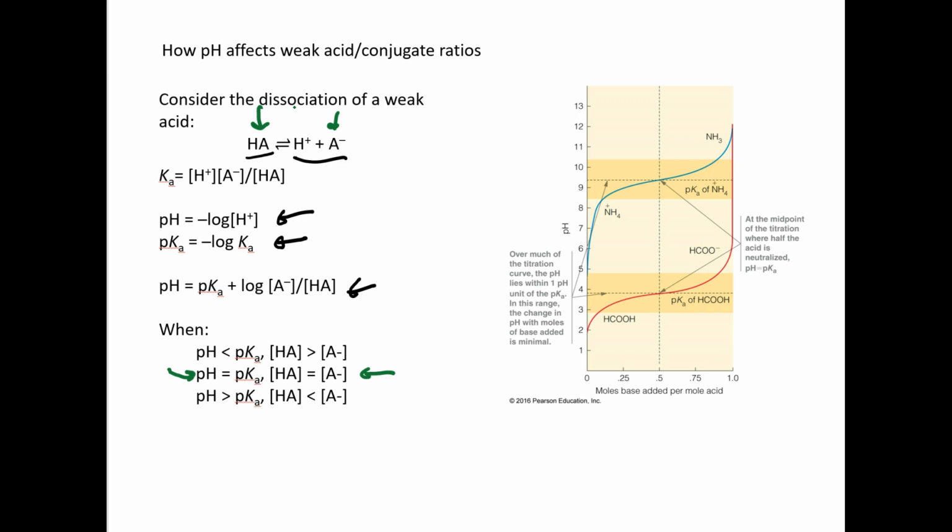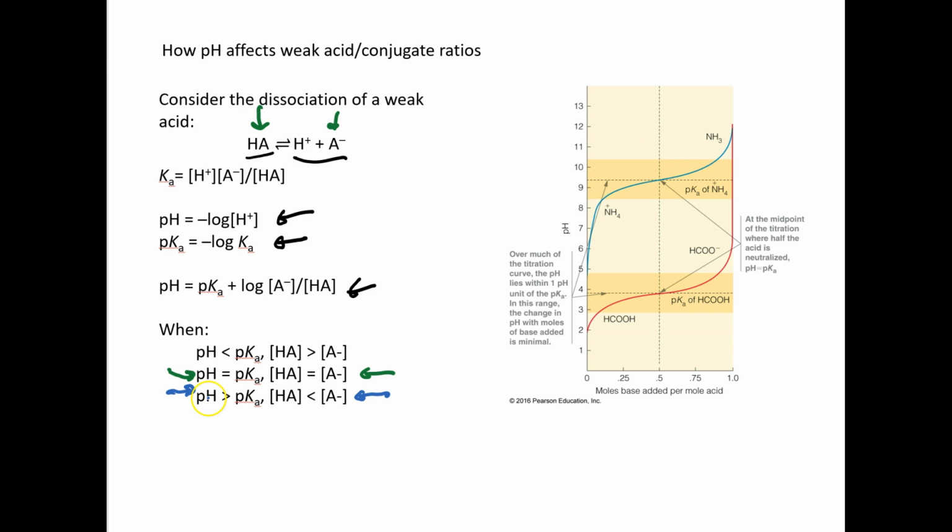Now, if the pH is greater than the pKa, let's move over here. What you'll see is a tendency for the conjugate base concentration to be greater than the concentration of the weak acid in solution. Now, does that make sense based on what we've already talked about? It does.